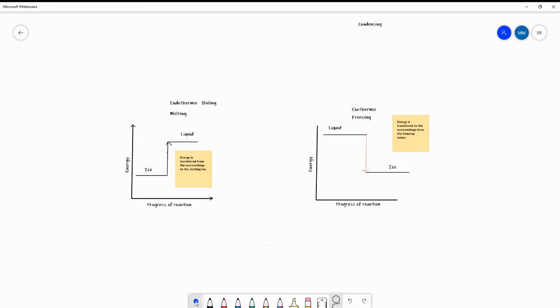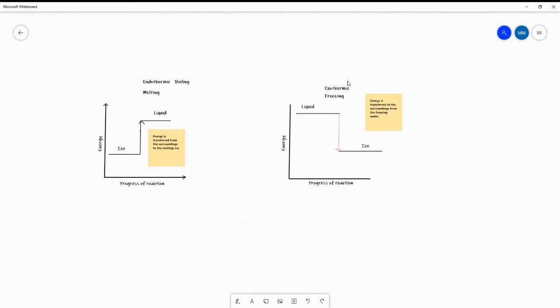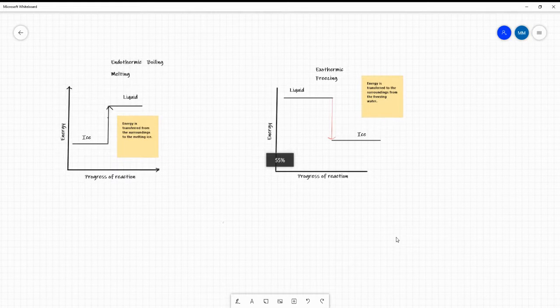Sorry folks, I'm not too sure why that won't let me pull it down. I think I'm on a losing battle with that one. Okay, so yeah, they are your energy level diagrams.